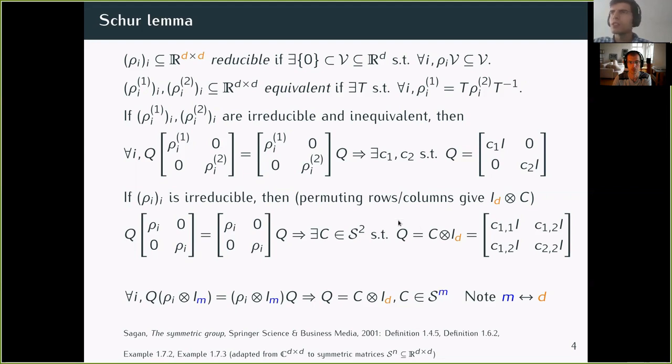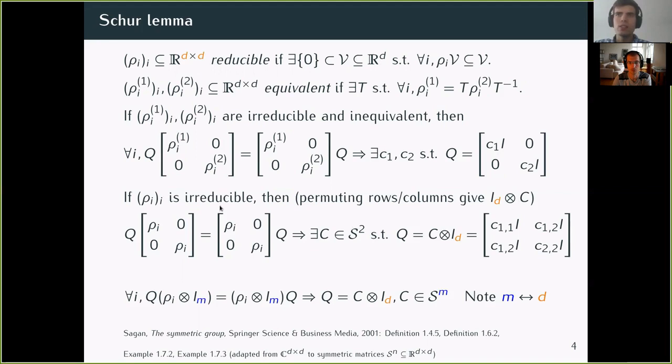You also know that Q is PSD, but it's not clear what it means for Q to be PSD in terms of C11, C12, C12, C22. But you can permute the rows and columns of Q into this form, a block diagonal matrix with D copies of C. If this is PSD, it just means that C is PSD.